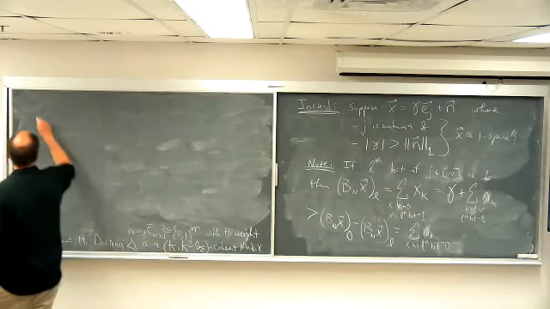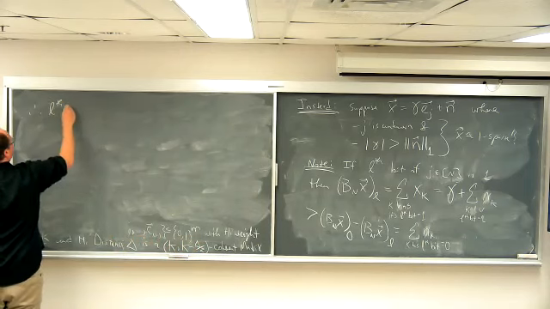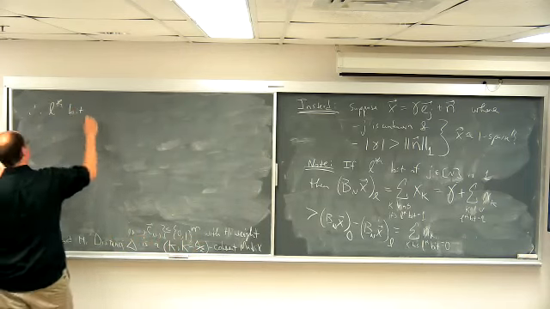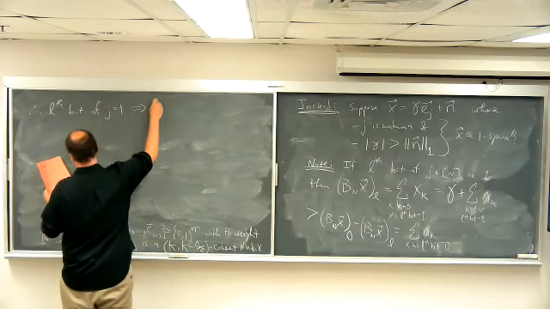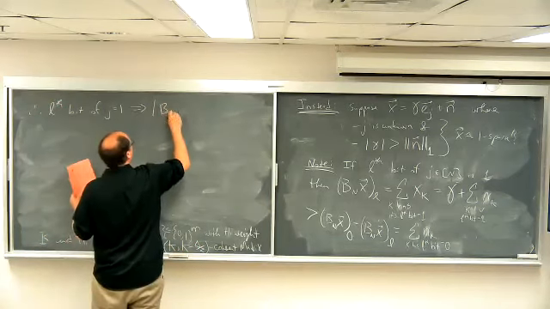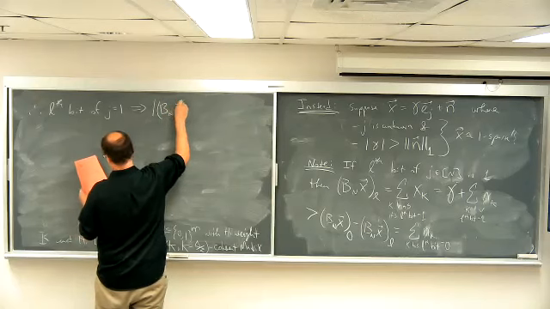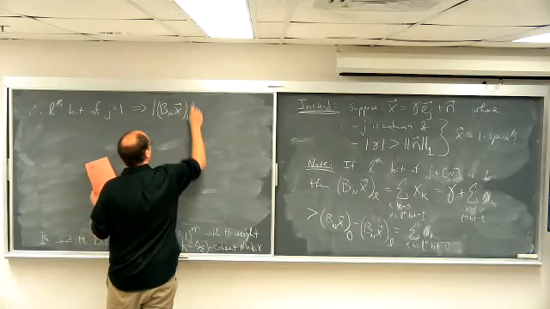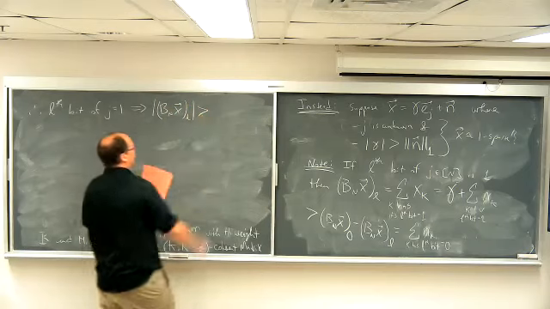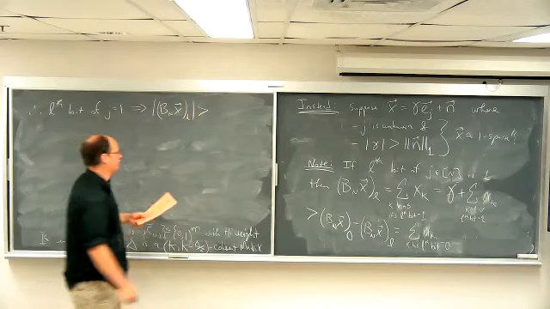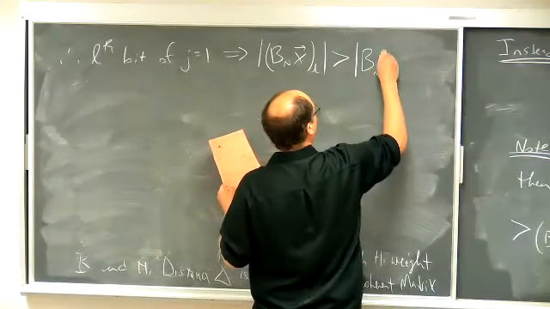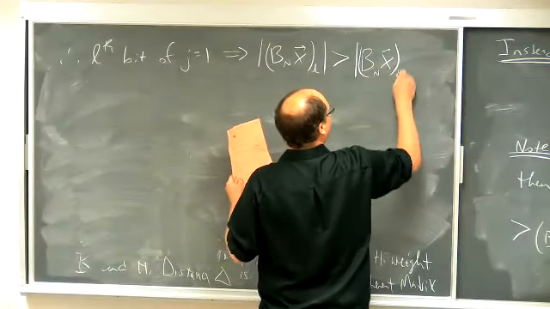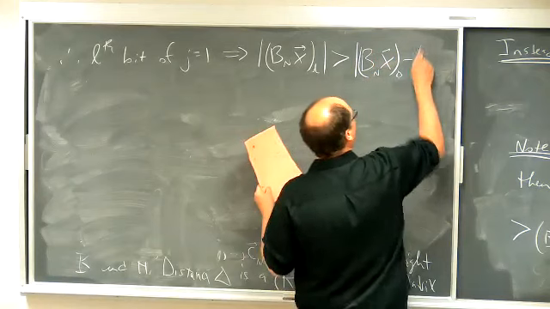Right, so therefore, if the Lth bit of j is equal to 1, then it implies that this comparison that I made is going to hold. So in fact, the absolute value of this guy is going to be bigger than the absolute value of the odd sum of these noise entries in that case.